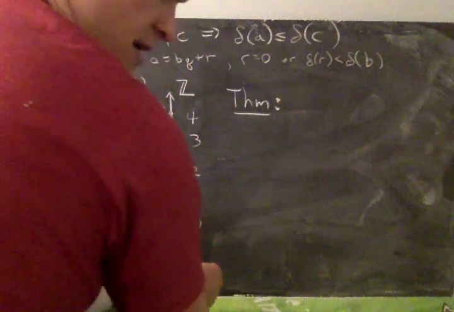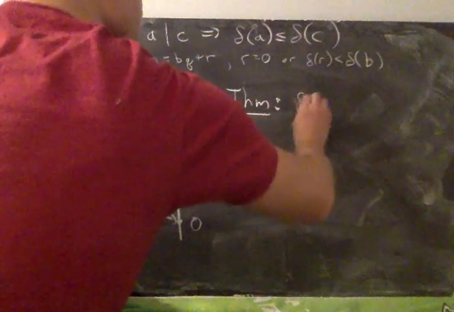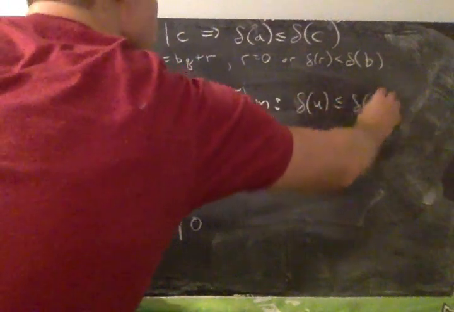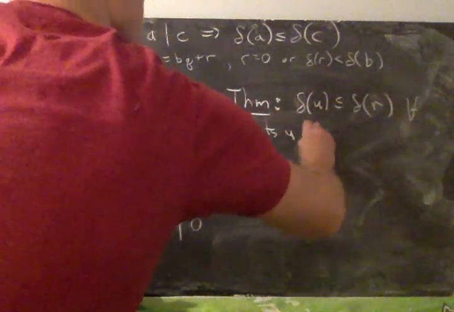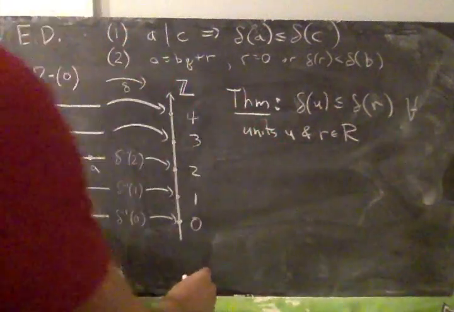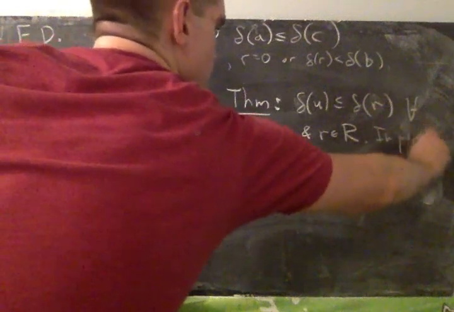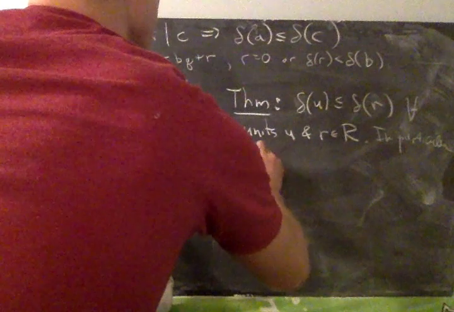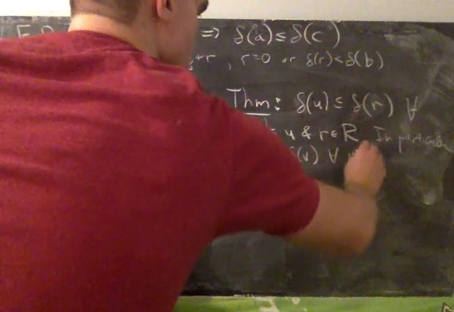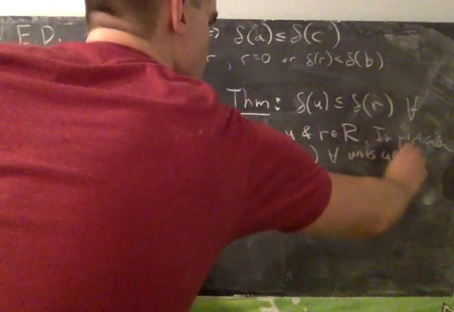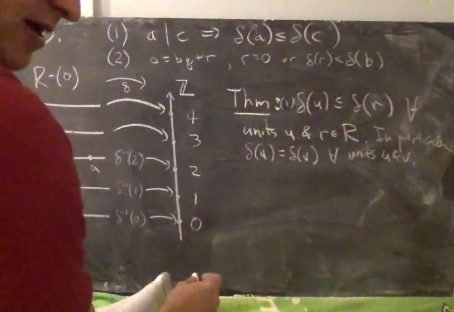If U is a unit, then delta of U is less than or equal to delta of R for all units U and R in the ring. And in particular, delta of U is equal to delta of V for all units U and V. That's one thing, and we'll show that carefully.